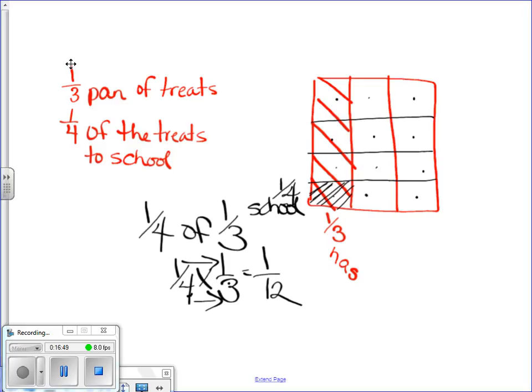What would our common denominator be? 12. Not that that had any relevance to this problem, but I'm not telling you to find a common denominator to do this, and I know that some of you, with your squirrel learning, picked up on common denominator and are going to start thinking that you have to do that. Multiply straight across. 1 times 1 is 1. 4 times 3.